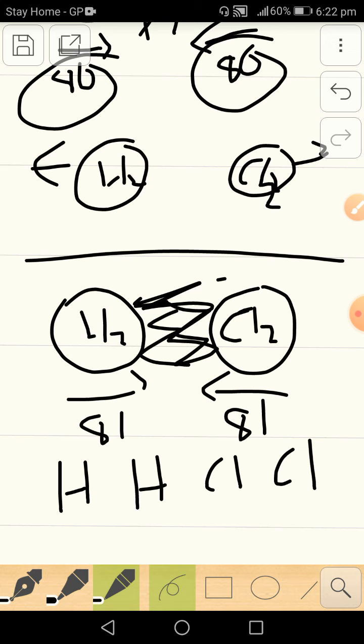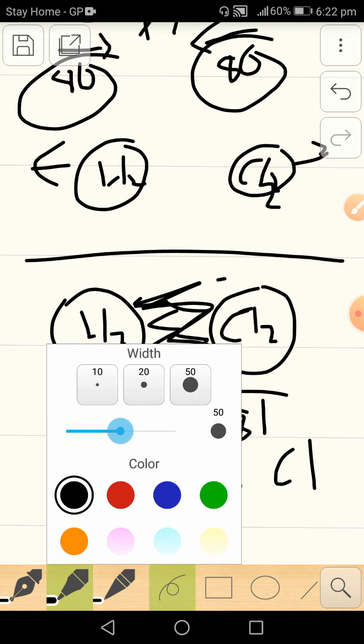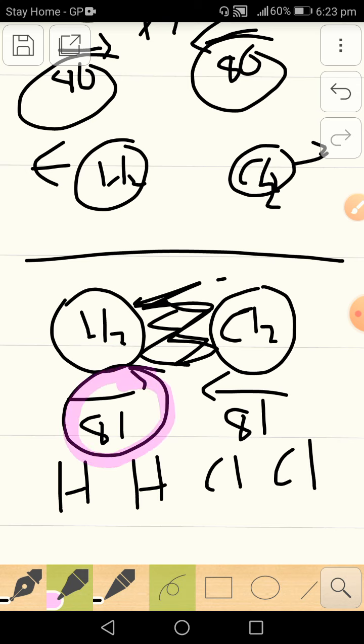Okay, this is just an example. So these particles collide with energy 81 kilojoules, and after undergoing collision with kinetic energy 81 kilojoules, their bonds are broken and we have got separated atoms, isn't it? That means the reaction has started since bonds are broken.